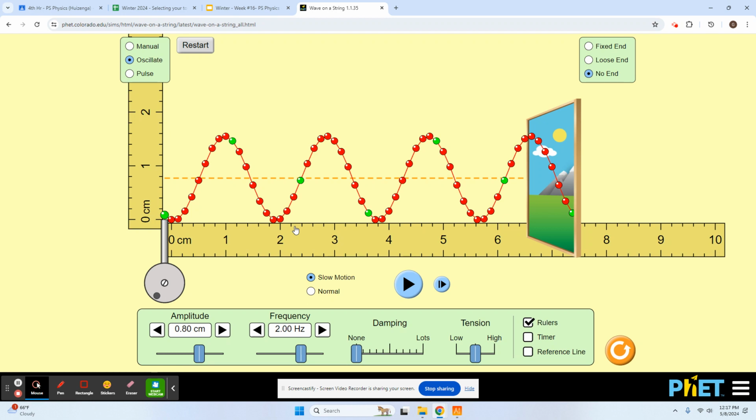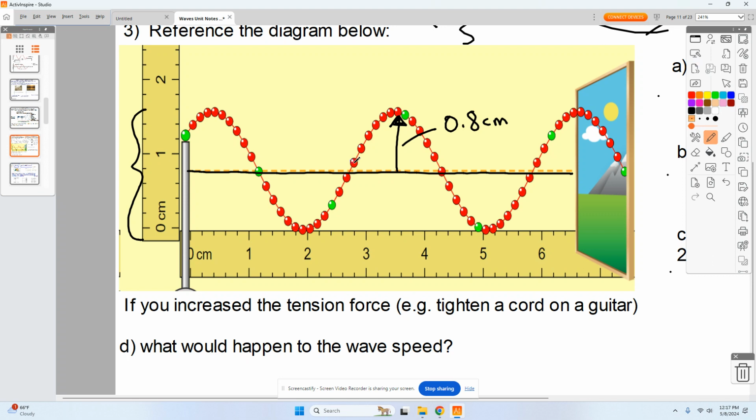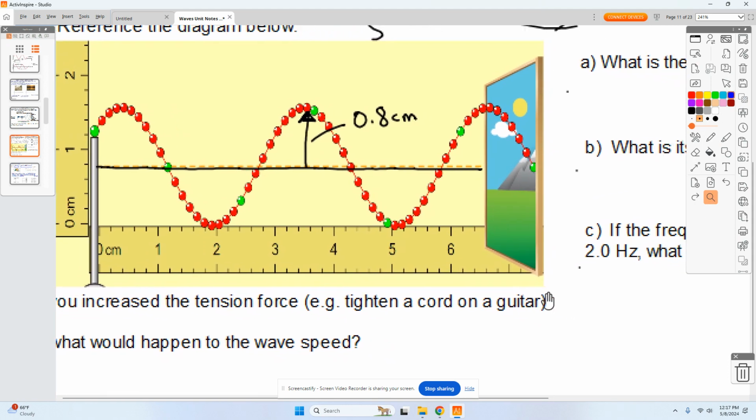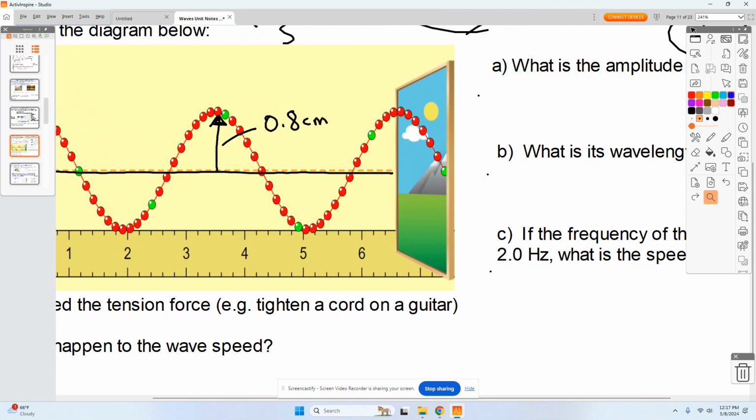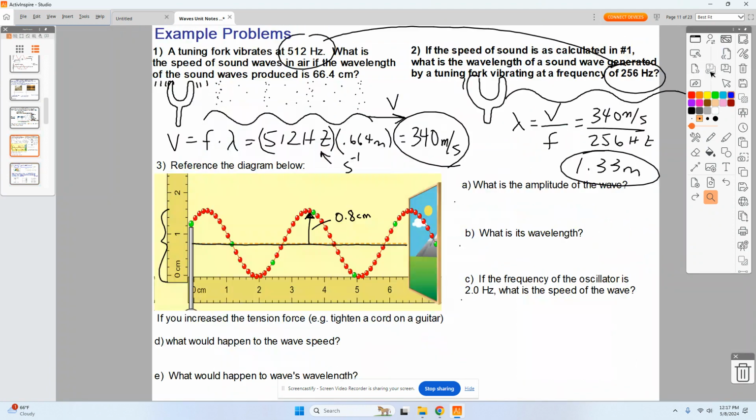Okay. How about the wavelength? Thank you, Riley. Say it one more time. 2 what? 2 meters. Okay. When you look at this diagram, what are you looking at to determine that it's 2?